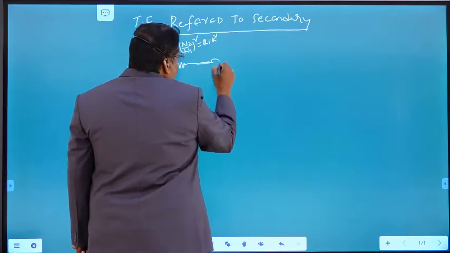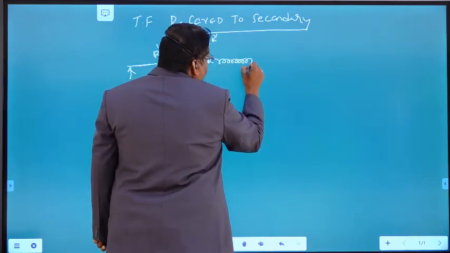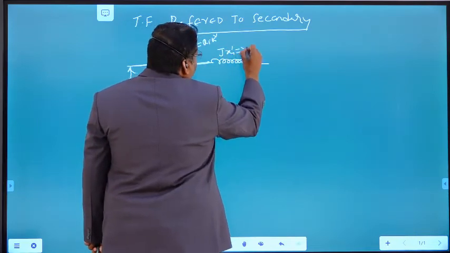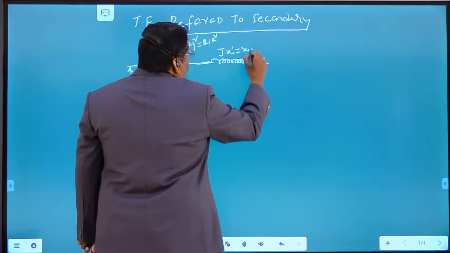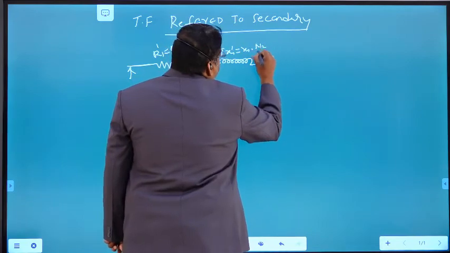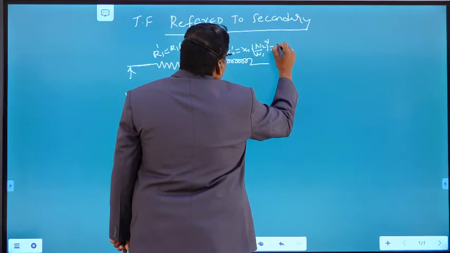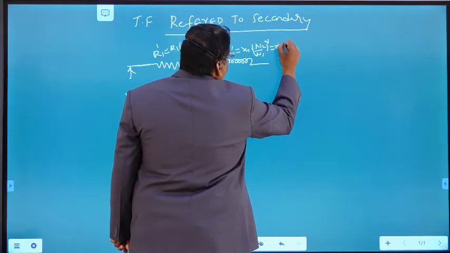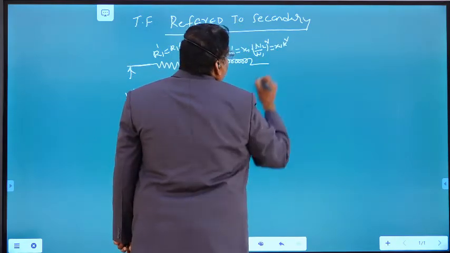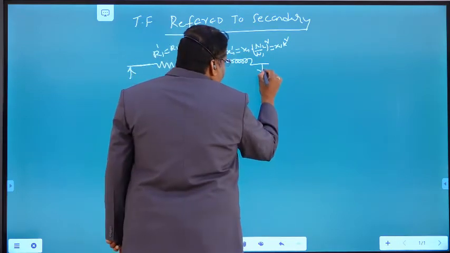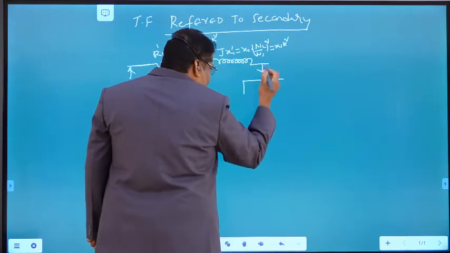In the same manner, the reactance jX1 dash is equal to X1 into (N2 by N1) whole square, which we can write as X1 into K square. Here the shunt branch is there, and that we are transferring to the secondary.